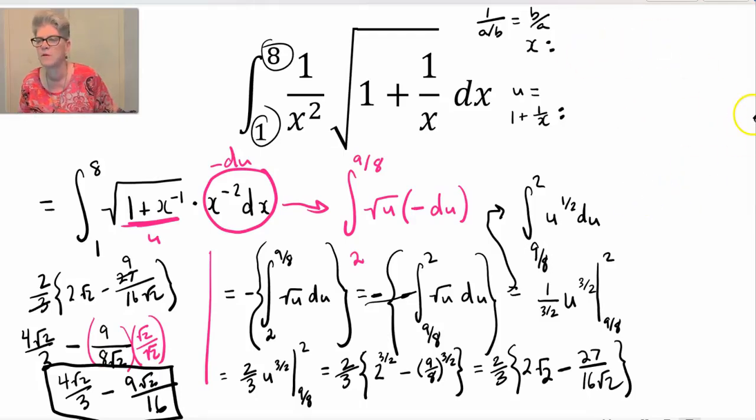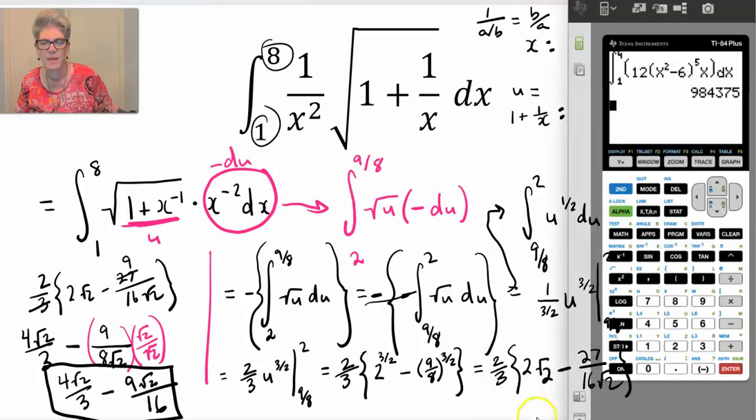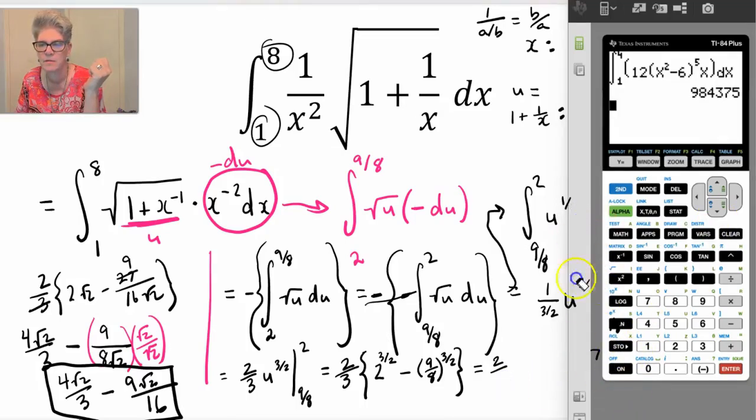Okay, let me make some room and get my calculator up here. And I'm just trying to make some room here. Okay, so I'm going to do that 4 times square root of 2.